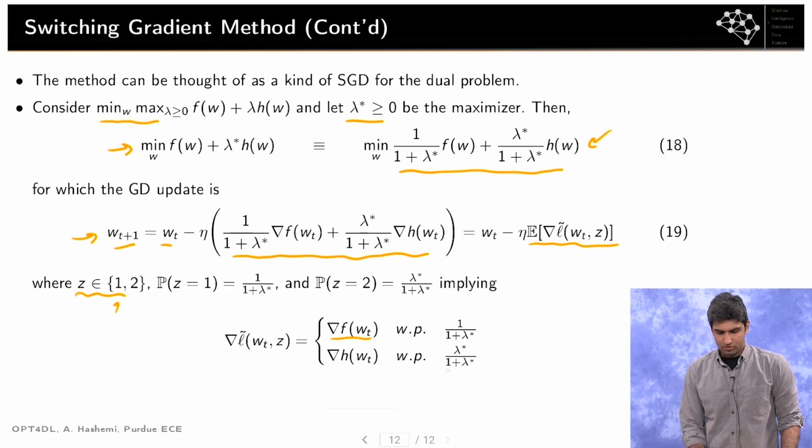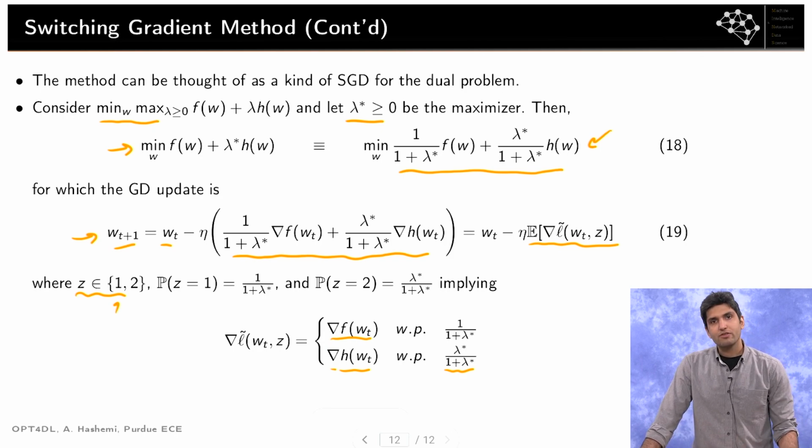In the other case, which is chosen with probability lambda star divided by 1 plus lambda star, I'm going to access the gradient of the constraint. So clearly here you see the connection between the stochastic switching gradient method and optimizing the Lagrangian formulation.